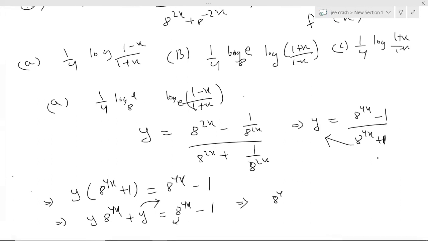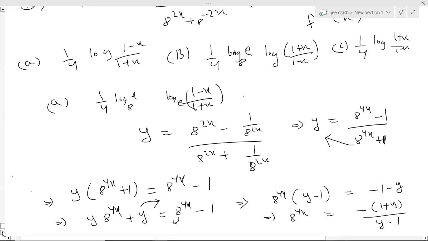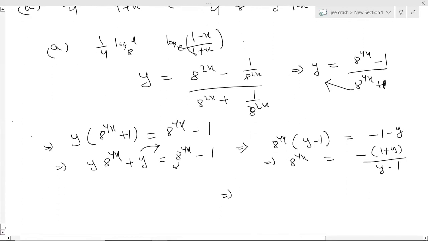Taking 8 to the power 4x common, y minus 1 equals minus 1 minus y. So 8 to the power 4x equals 1 plus y upon 1 minus y. This is clear?